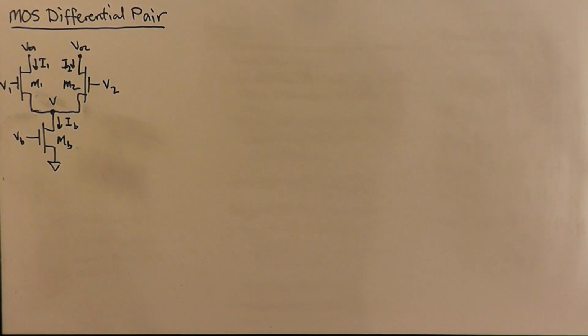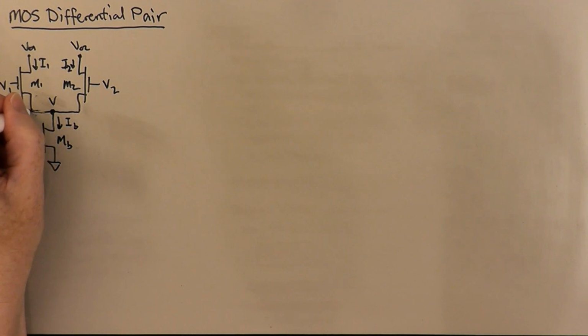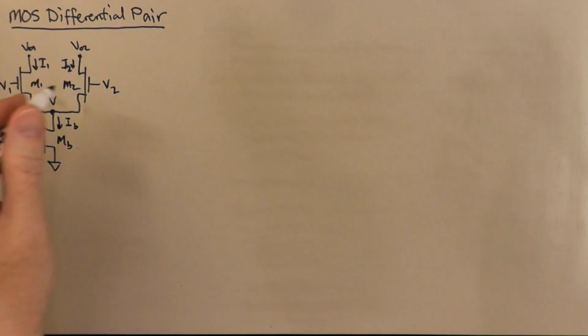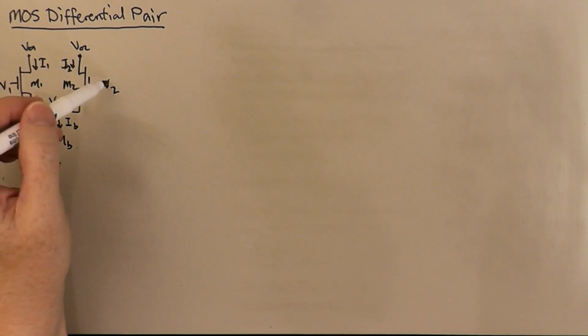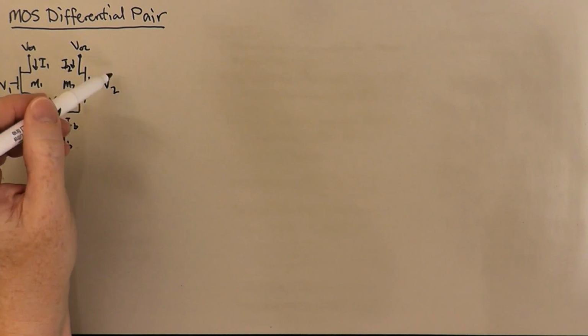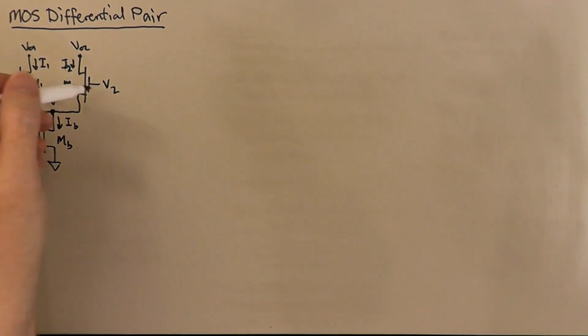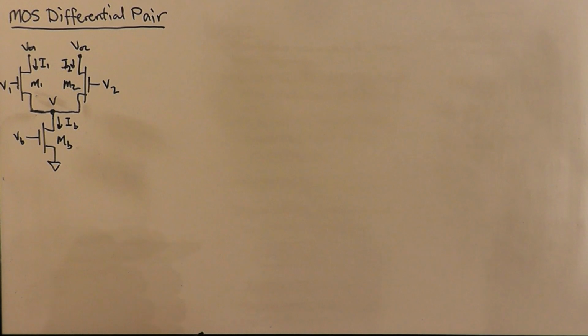Okay, so there's a diff pair. And so let's suppose we start decreasing V2. V1 and V2 are both some voltage.